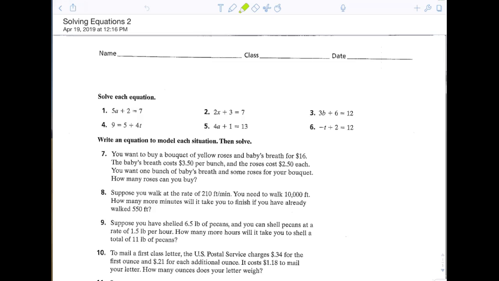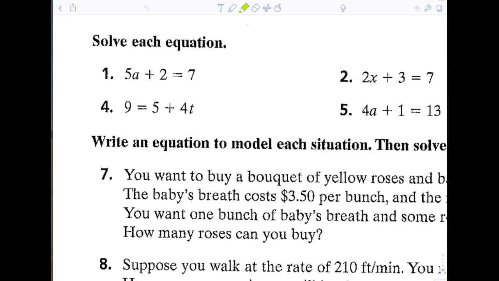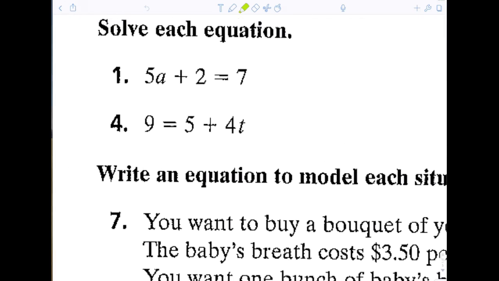All right. Now, here's what I want to do. Number 1. Leighton, what do I have to do first on number 1? Leighton, look up on the board and tell me what to do.